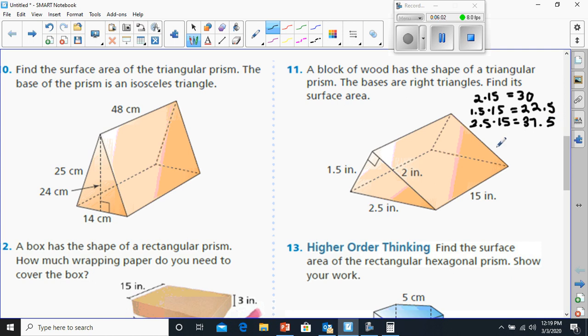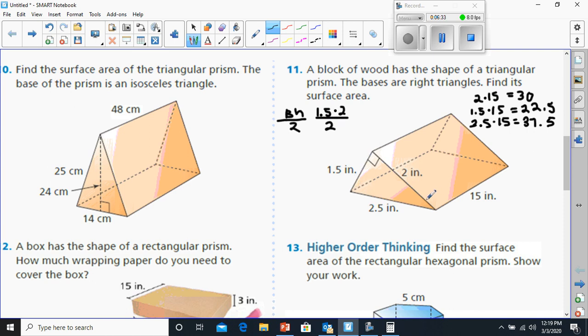And then we're going to have to add that to the triangles. Well, we know that that's base times height divided by 2. And our base is 1.5, and our height is 2. So that's 1.5 times 2. And then we're going to divide it by 2.